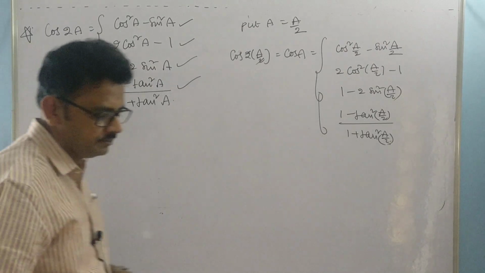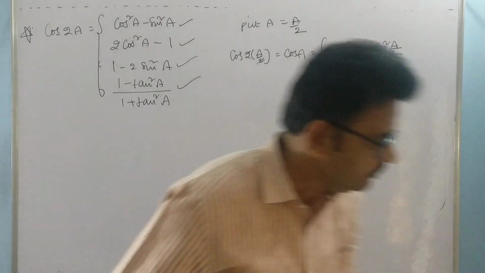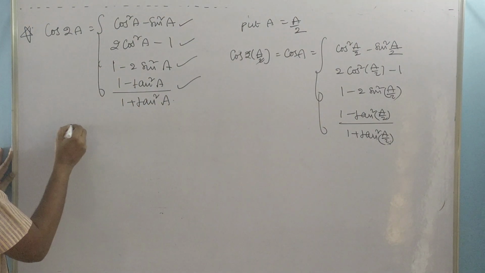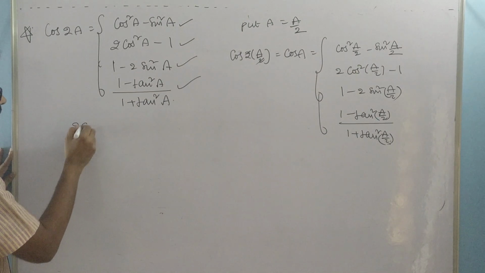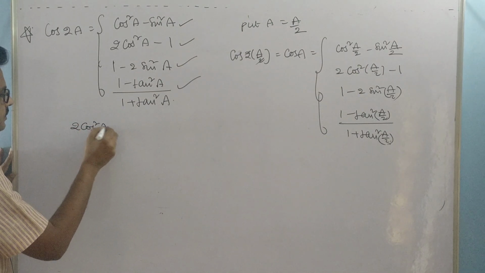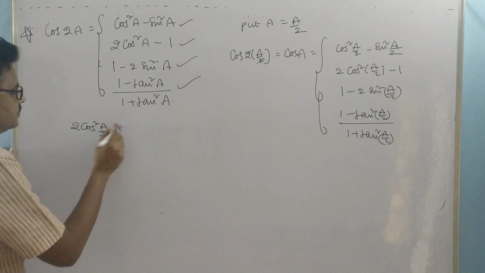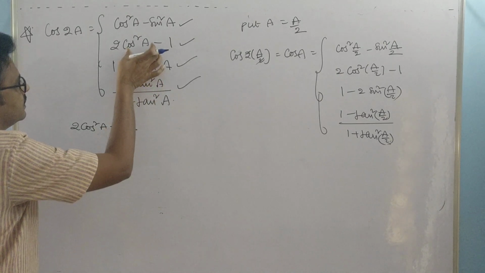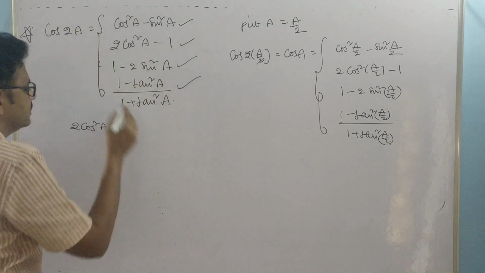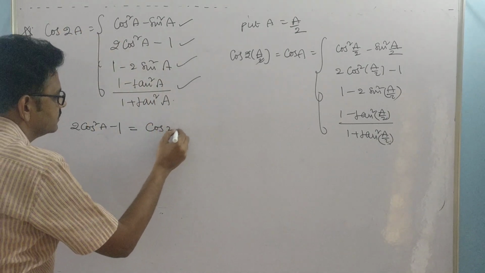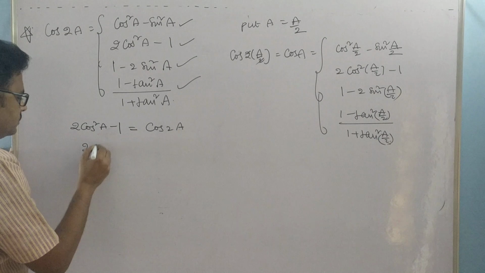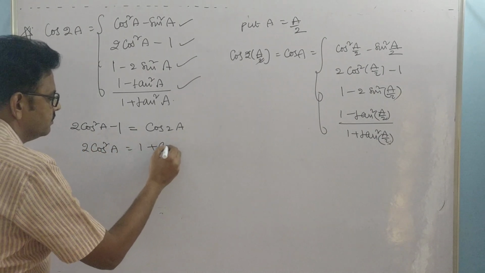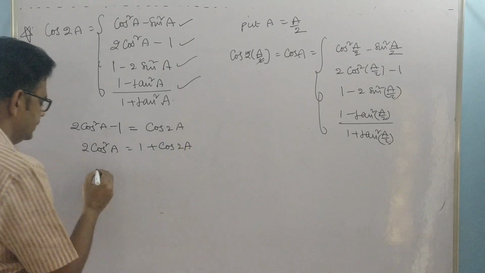And again, from this, 2 cos square A by 2, that is 2 cos square A minus 1 is equal to cos 2A. So 2 cos square A is equal to 1 plus cos 2A.